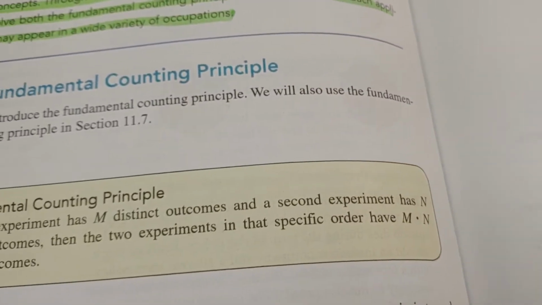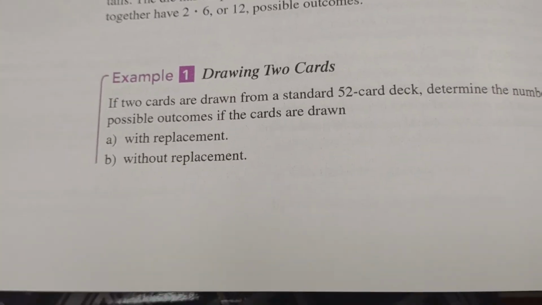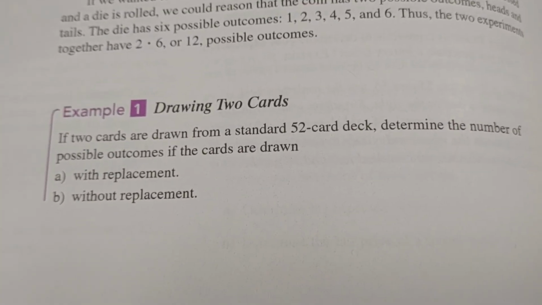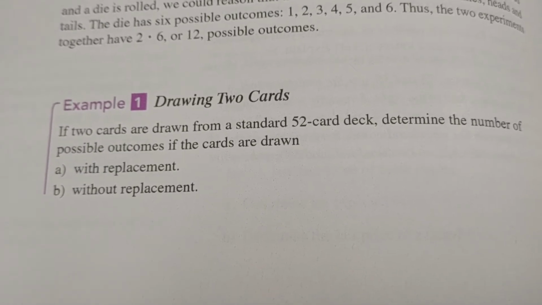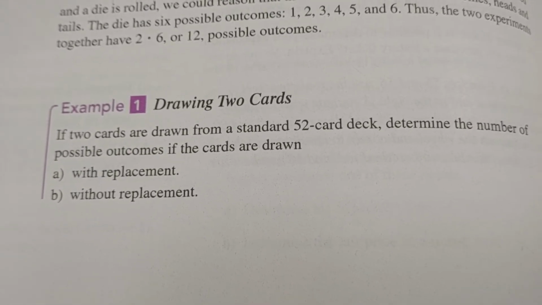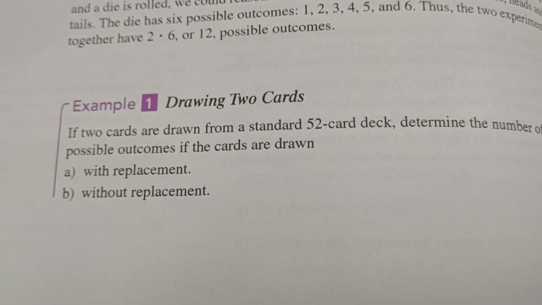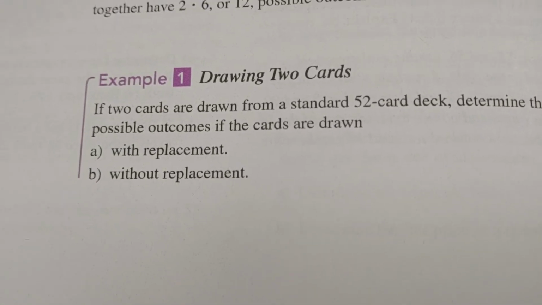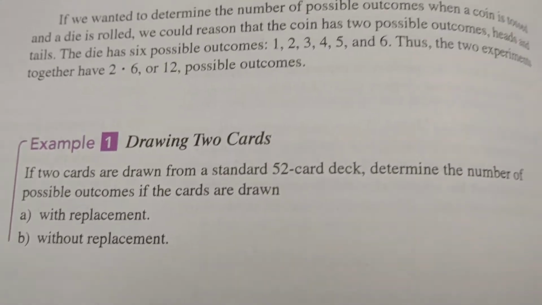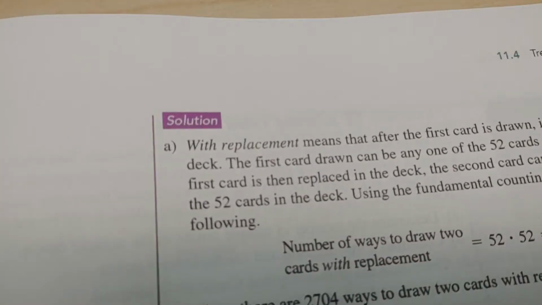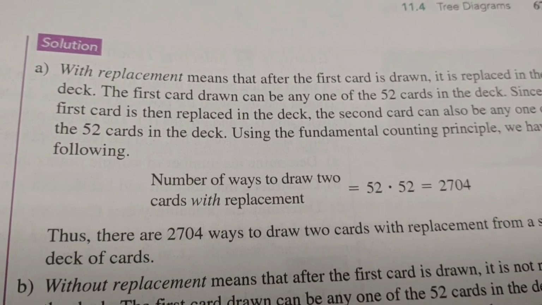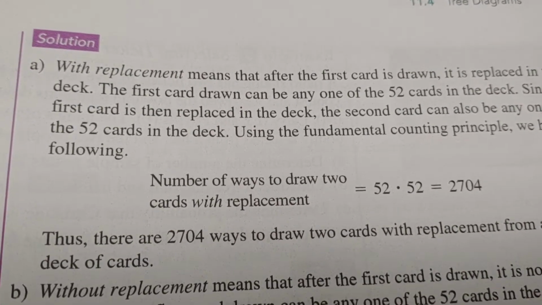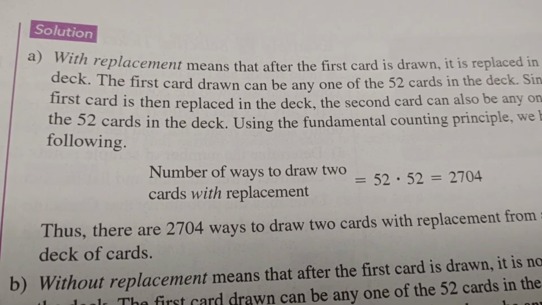Okay, so looking at example 1, it says if two cards are drawn from a standard 52 card deck, determine the number of possible outcomes if the cards are drawn with replacement. And then part B is without replacement. So with replacement, every time you're drawing from a deck of 52 cards.